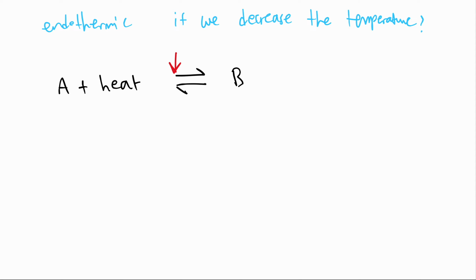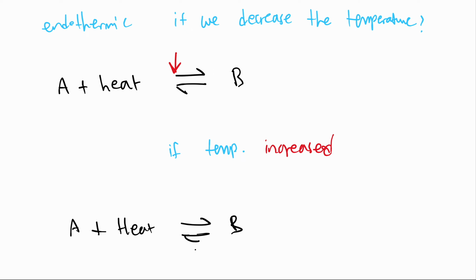Likewise, if the temperature increased, what would happen? We would have our reactants of A plus our heat, reversible reaction to form our product of B, right? If the temperature increased, there would be even more heat on our reactant side. We're going to have even more of this.